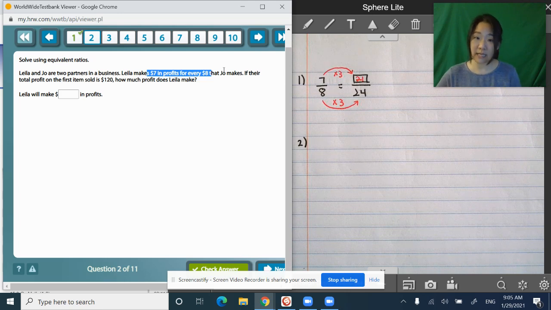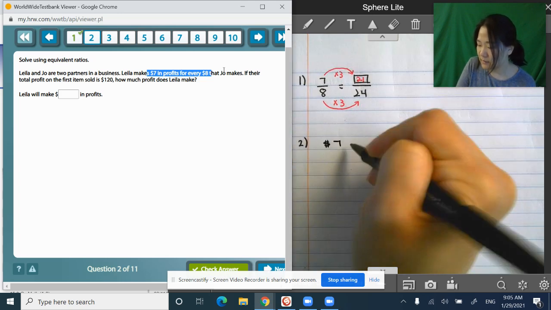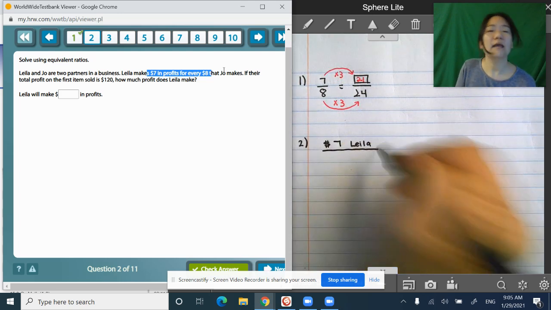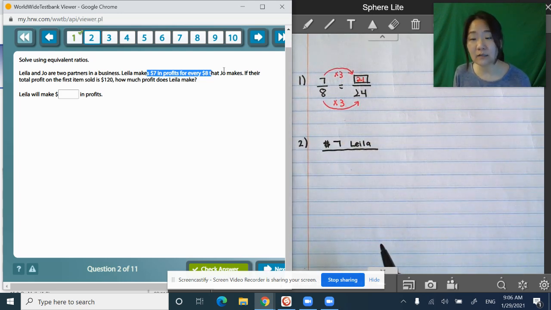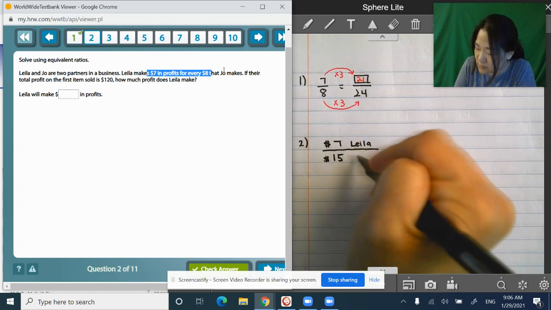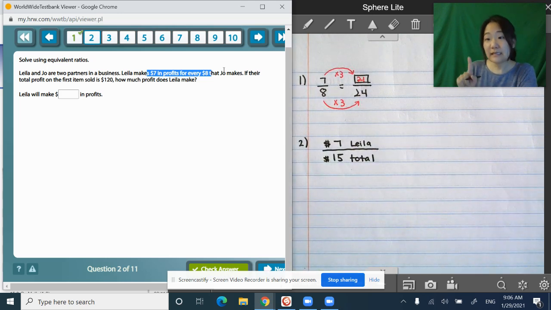So I'm going to first write $7 profit that Layla makes over, and then instead of $8, I'm going to add 7 plus 8 and put $15, which is their total profit, equal to.